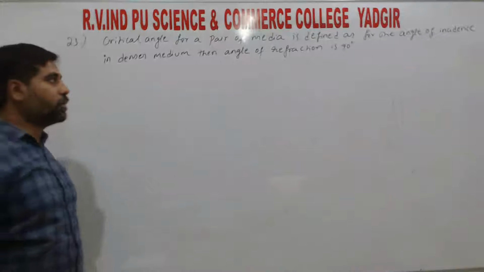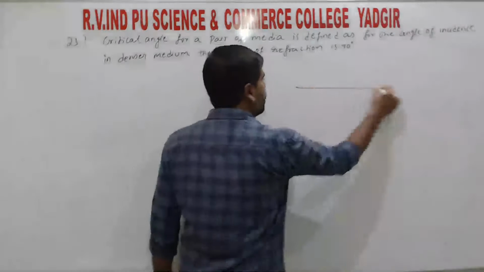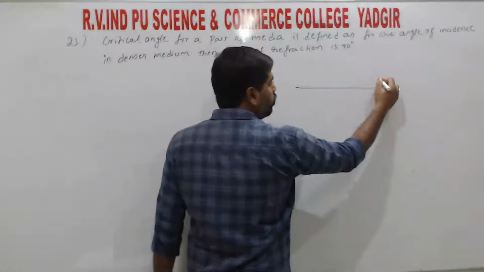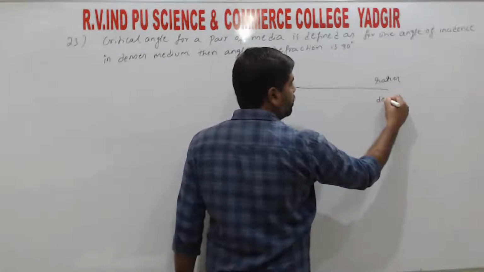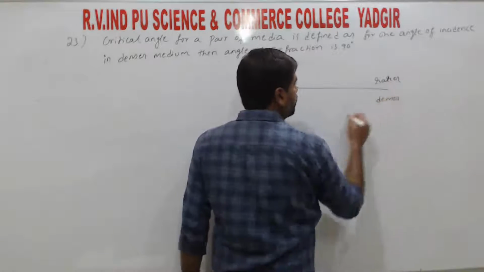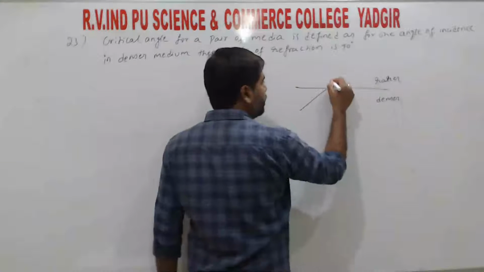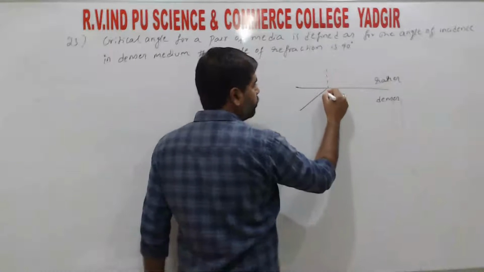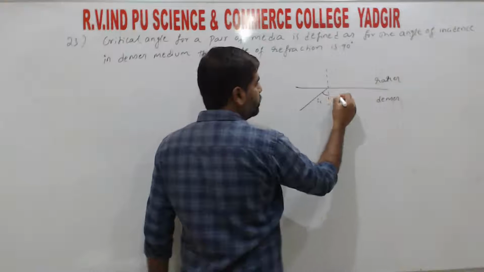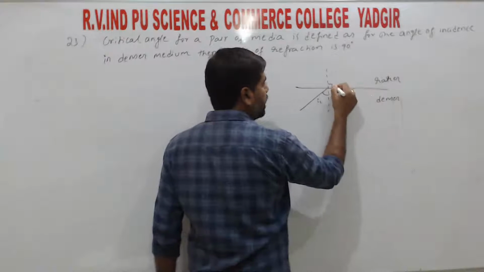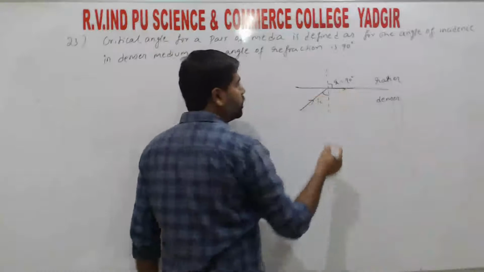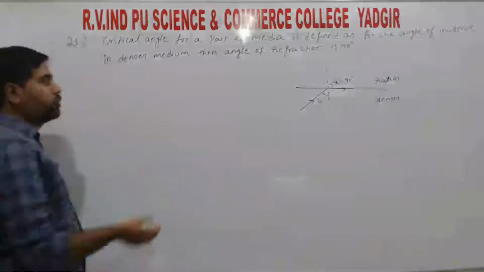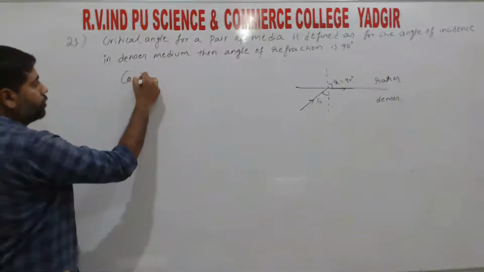That is the definition of the critical angle. The figure represents two media, one rarer and another denser, right? When the ray of light is incident, this is the critical angle and this is the angle of refraction, which is equal to 90 degrees, right?